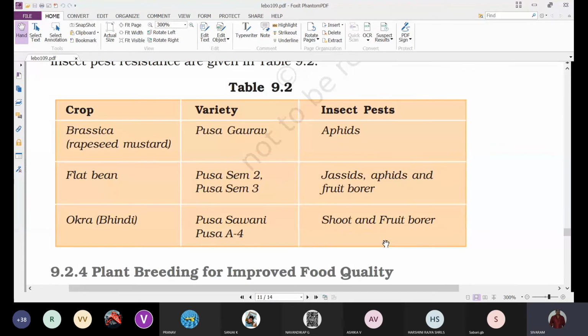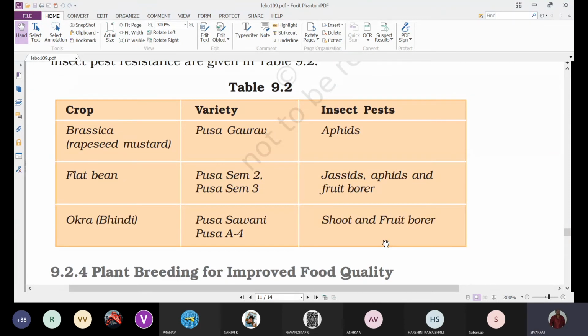In case of maize also, we have developed high yielding varieties. In Jowar and Bajra, we have developed some high yielding varieties by using conventional breeding, which can grow in drought conditions. We have developed high yielding drought resistant varieties.